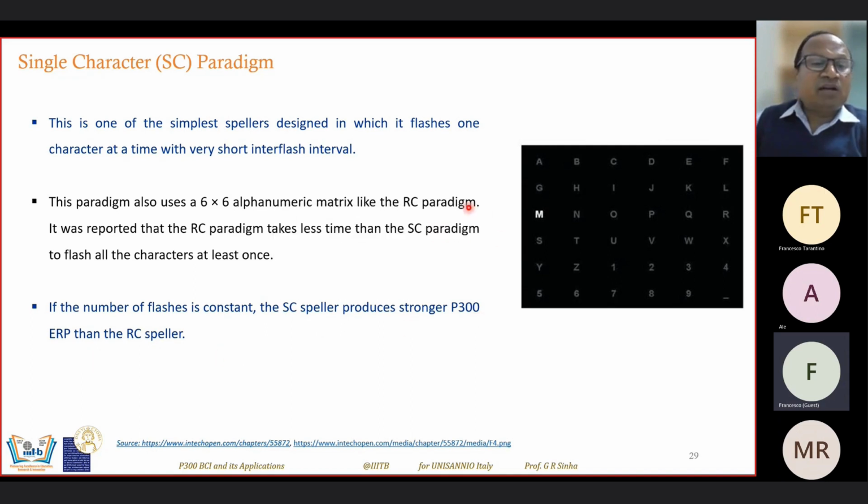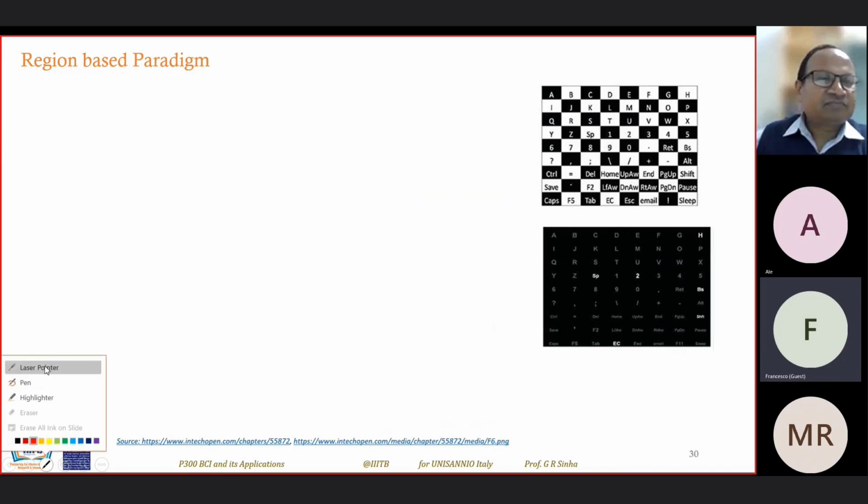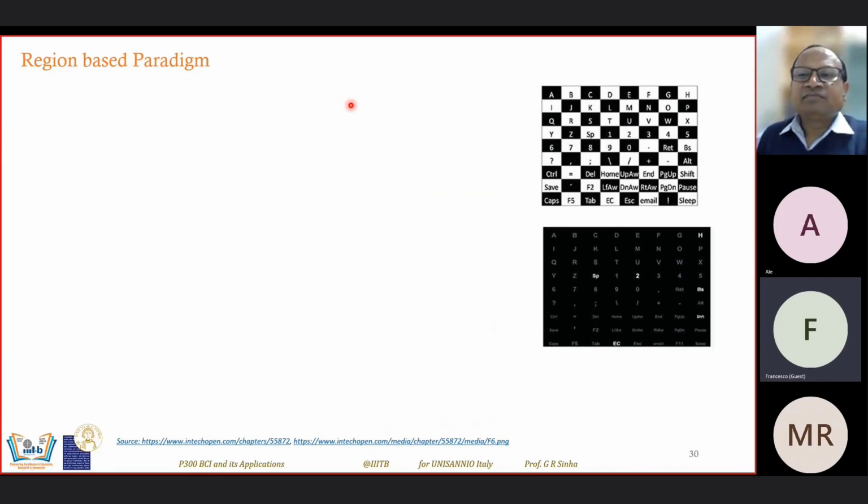If the number of displays is constant, the SC will produce stronger responses because the character being displayed is a single character, so the person will be able to actually count or remember it. Next is the region based paradigm.